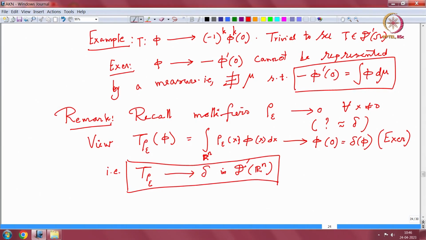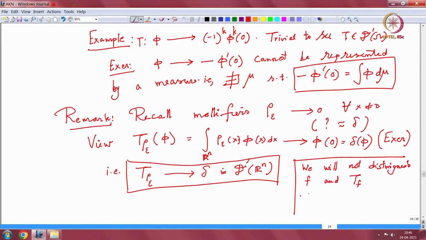One more comment I want to make here: from now onwards, we will not distinguish f and T_f.